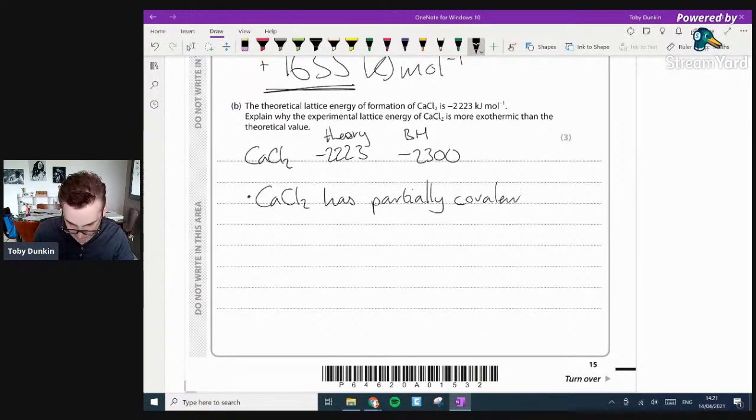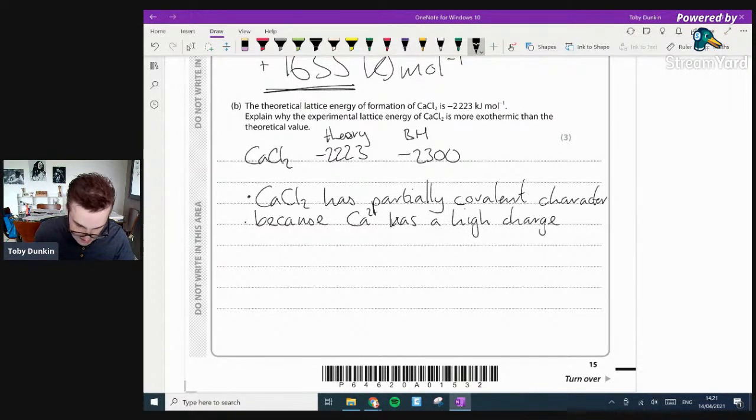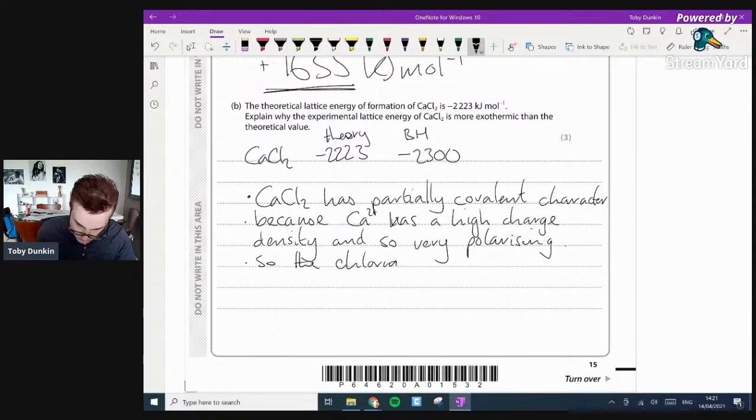And this is because, and we had something very similar in the January paper, calcium 2 plus has a high charge density, and is therefore very polarizing. And the chloride ion is distorted.